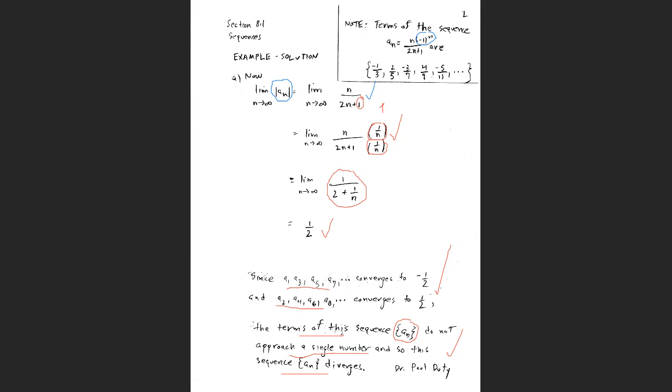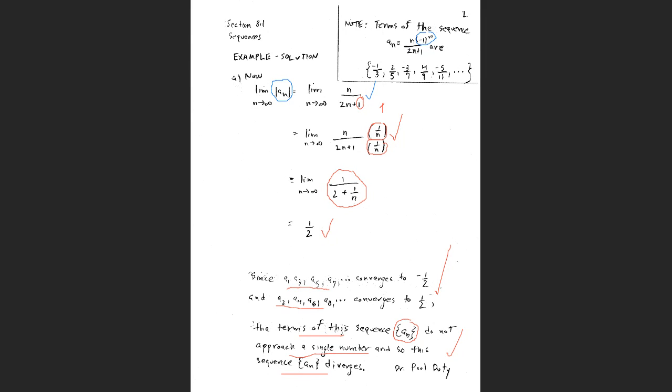Let's see, Rodrigo says, is it safe to say if the sequence oscillates, then the sequence will be divergent? Well, not necessarily. The sequence could oscillate, but still approach zero.